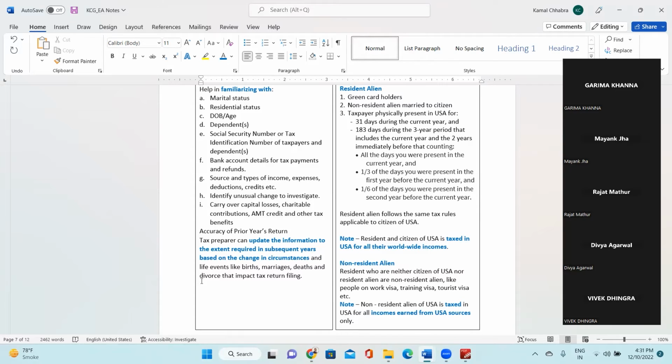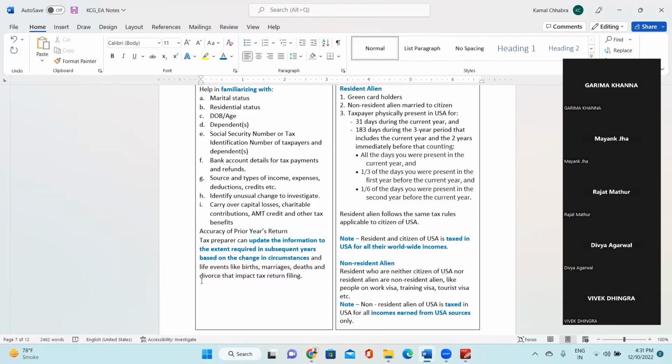In the next year, you just need confirmation from the client whether there is any change in any of these statuses. If there is, only those specific items need to be updated for the current year. Otherwise the rest of the information will auto-populate into the software, and it will save a lot of your time. Make sense?